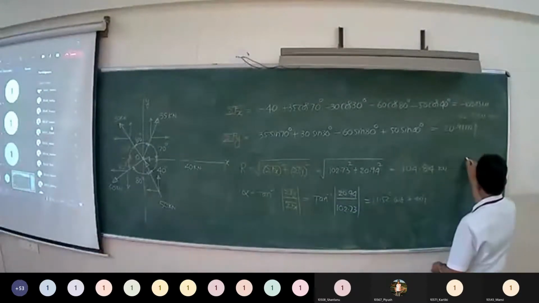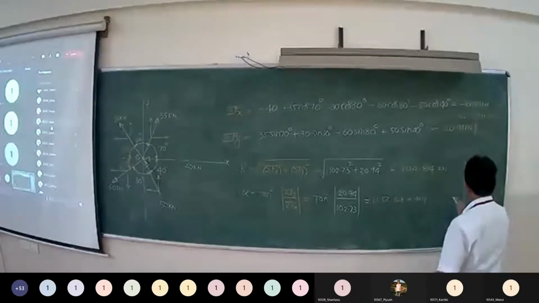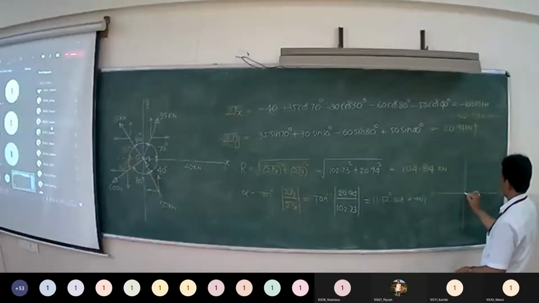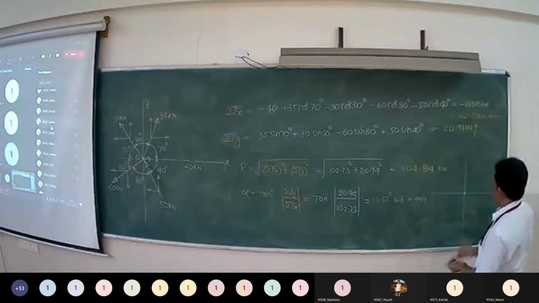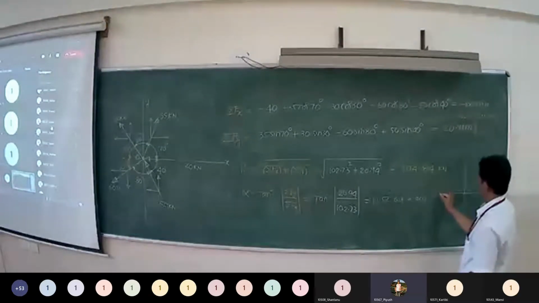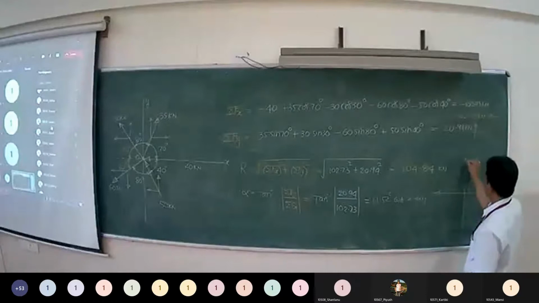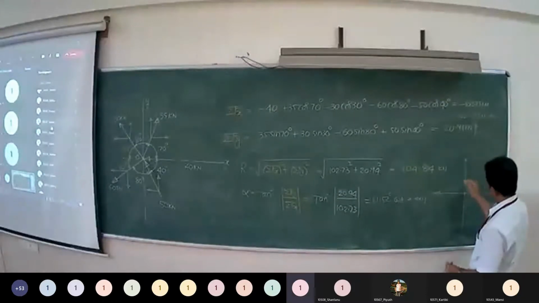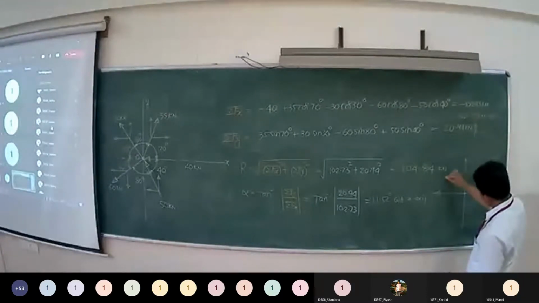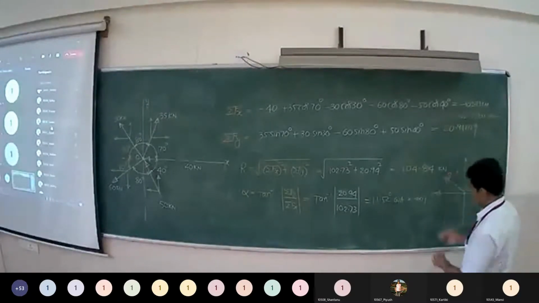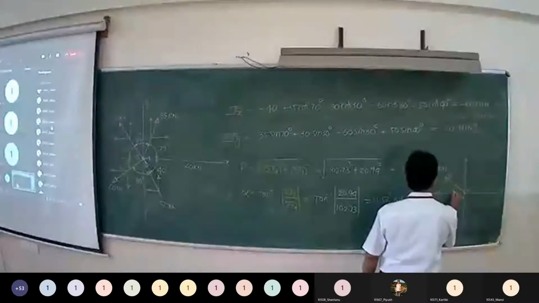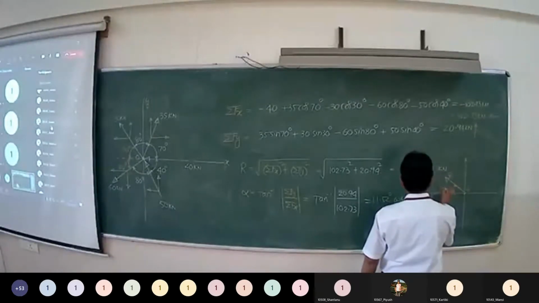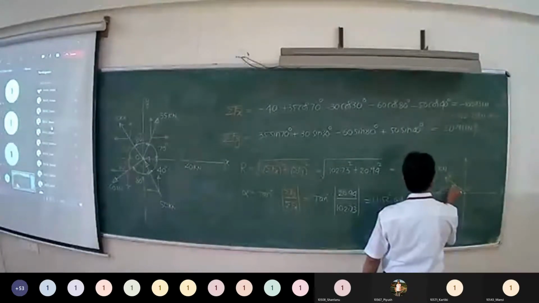Now, the resultant is acting in which quadrant? Summation Fx is negative and summation Fy is upwards, so the second quadrant. The resultant is acting in the second quadrant, making an angle of 11.52 degrees with respect to the x-axis.